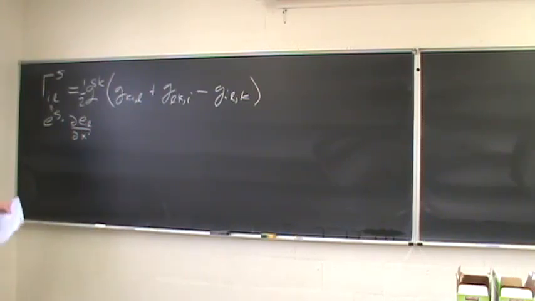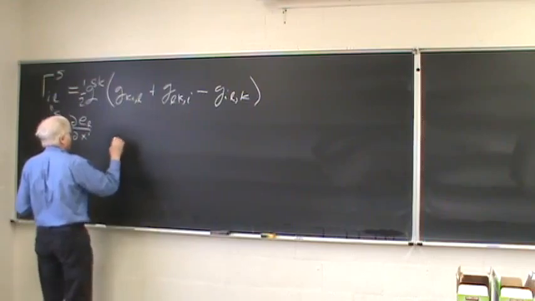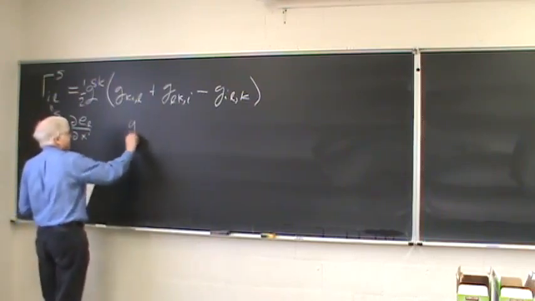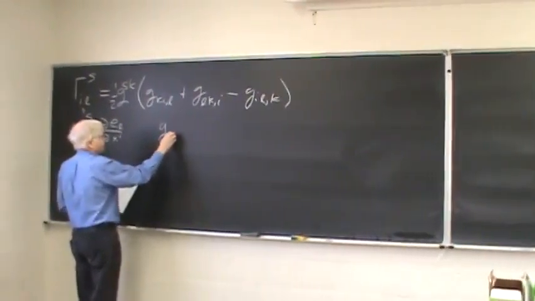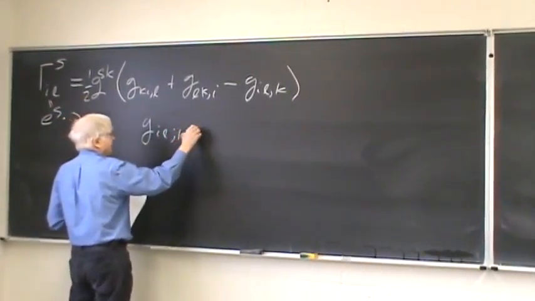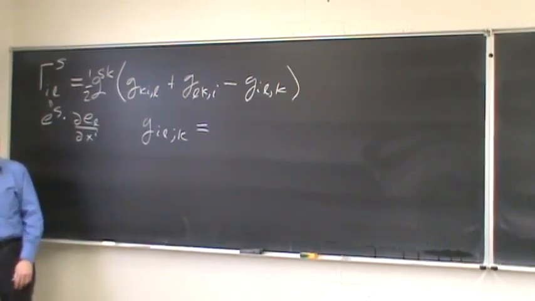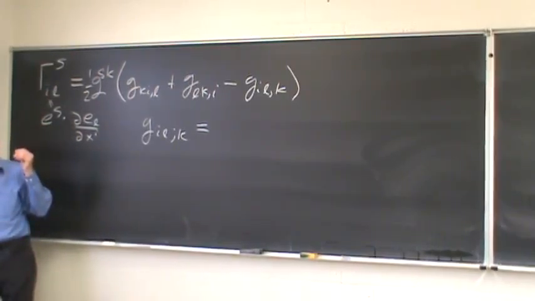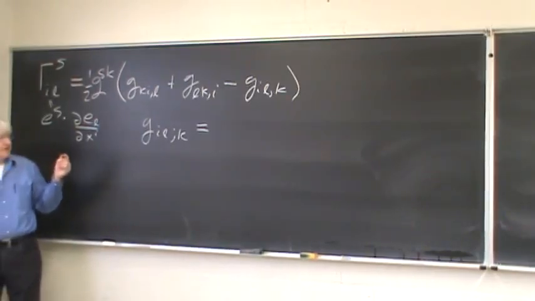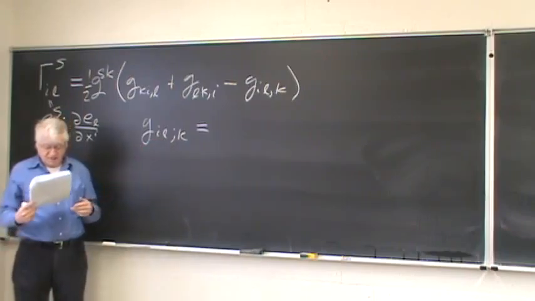And now that we have a formula for this, we can consider what the covariant derivative of the metric tensor would be. It would be g_{il;k}. So far we've considered covariant derivatives with respect to vectors. Now we're doing a covariant derivative of something that has two indices, like the metric tensor.